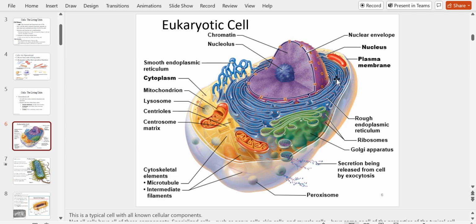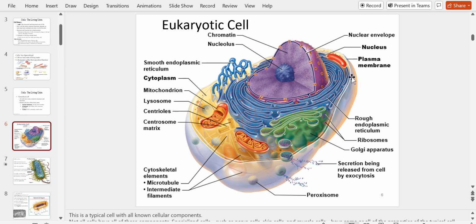There's your nucleus within the cell. This is what we call the nucleolus, and your chromatin, your DNA, is housed in here. You'll see that there are holes in the nucleus, because things have to go out and come in. We'll talk more about those as we get there.